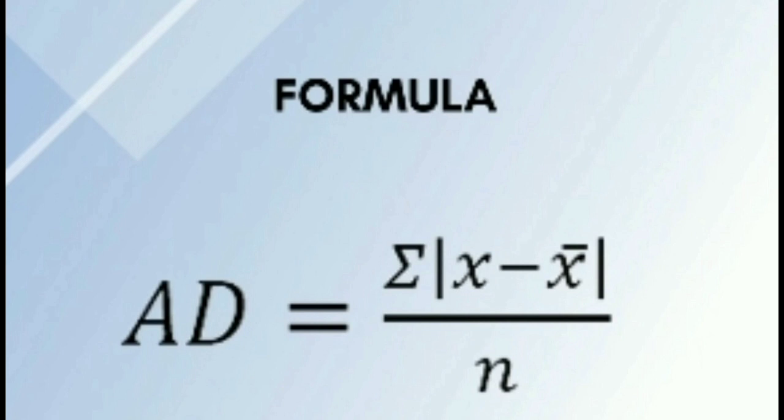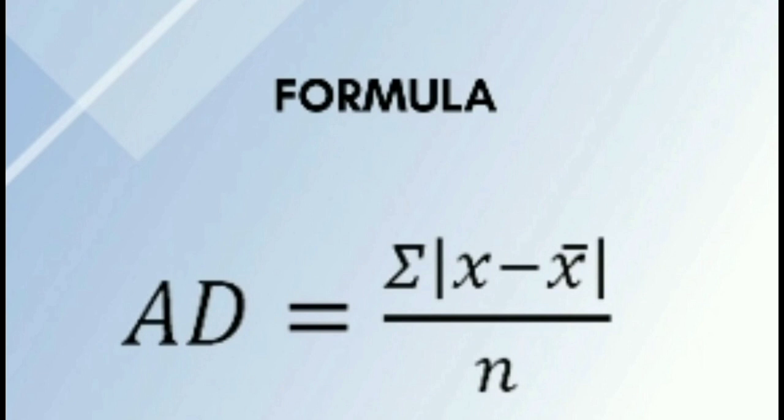However, when calculating the average deviation, from the word average itself, each data from a given dataset from a problem must be individually subtracted from the sample mean in order to calculate the respective deviations.